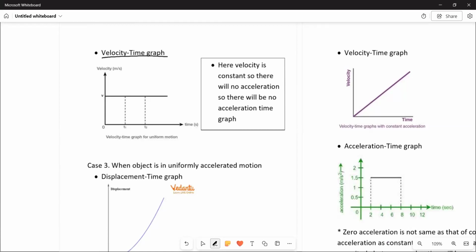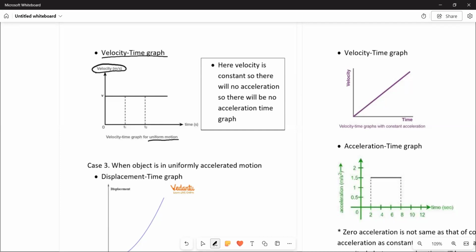As there are equal distances covered in equal intervals of time, and we know that the time rate of change of distance is our velocity. We have discussed this before when we were discussing velocity and speed.